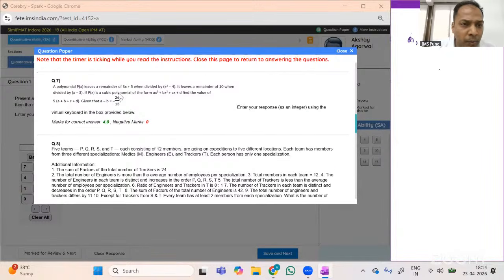A polynomial p of x leaves the remainder 3x plus 5 when divided by x square minus 4. It leaves the remainder 10 when divided by x minus 3. If p of x is a cubic polynomial of the form ax cubed plus bx square plus cx plus d, find the value of 5 times a plus b plus c plus d, given that a minus d is minus 26 by 15.